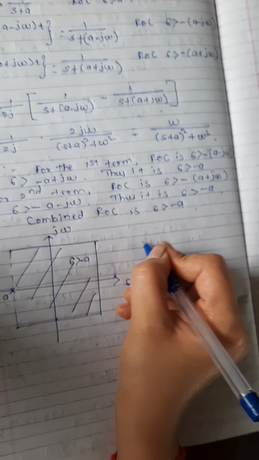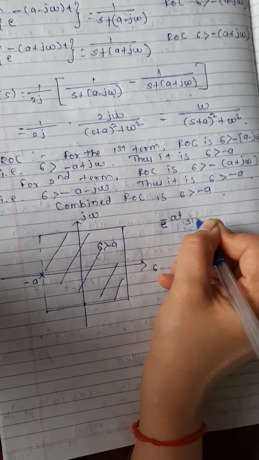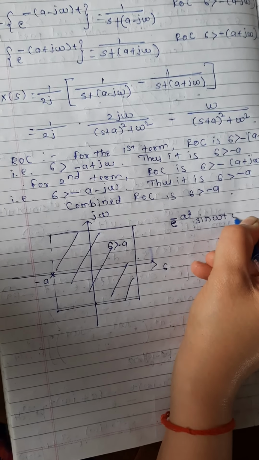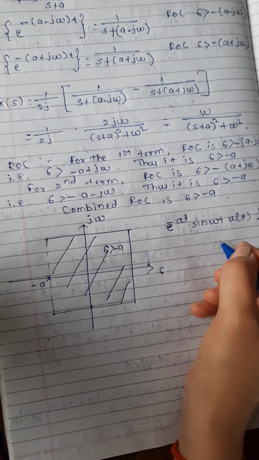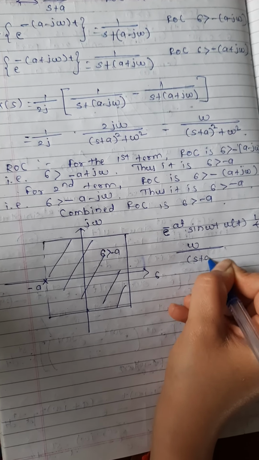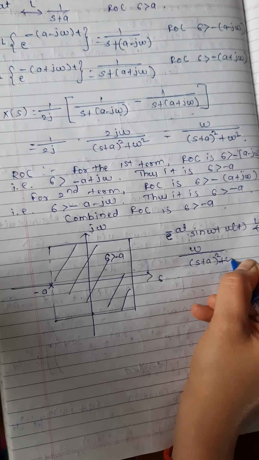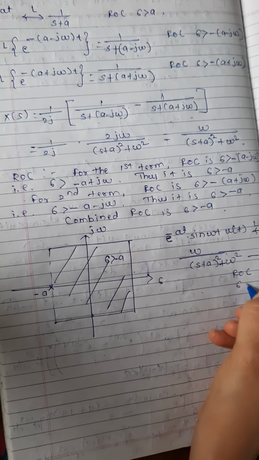And we can write that the Laplace transform of e raised to minus at sine of omega t u of t is omega divided by s plus a whole square plus omega square, and here ROC is sigma greater than minus a.